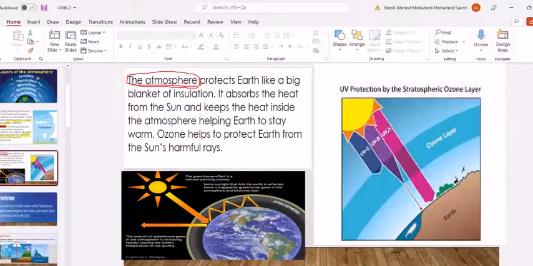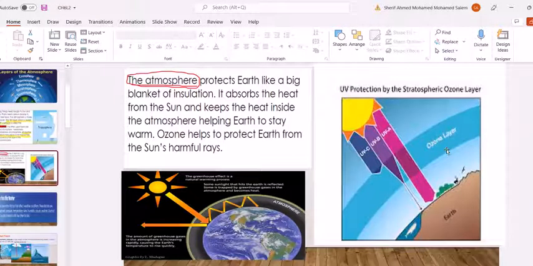It allows some of these rays to pass through it, and others can't pass. This is the importance of the ozone layer.